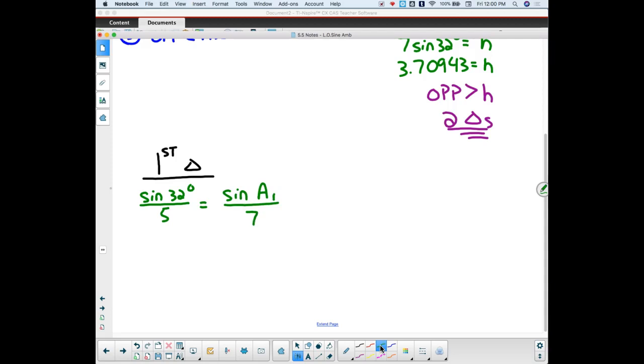And I was given side A. Because remember, we've got to come up with angle A sub 2 also. We're going to have 2 angle A's, 2 angle C's, and 2 side C's for this one because I've got two triangles that I have to come up with.